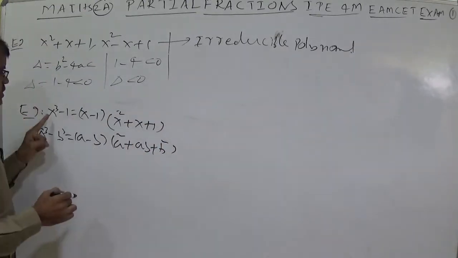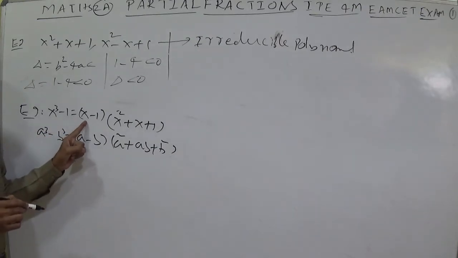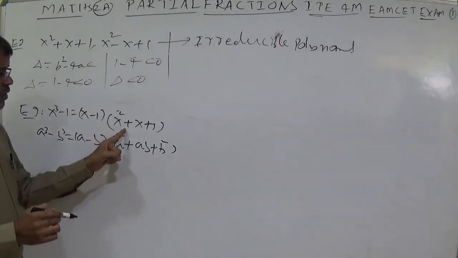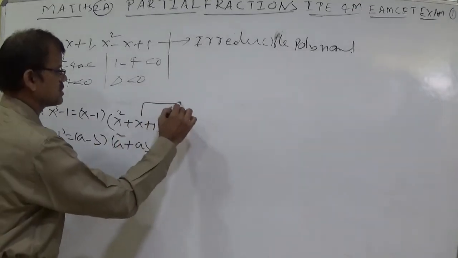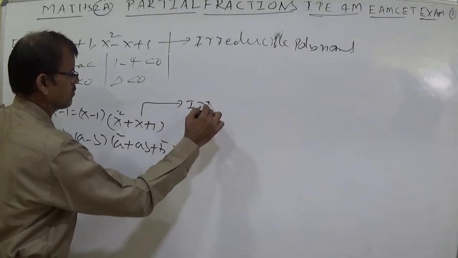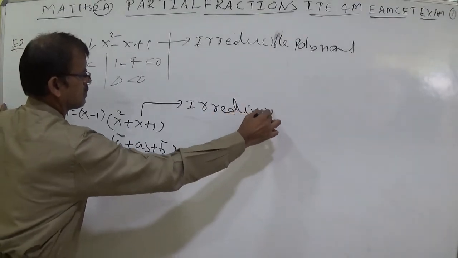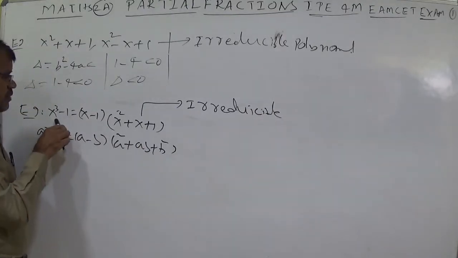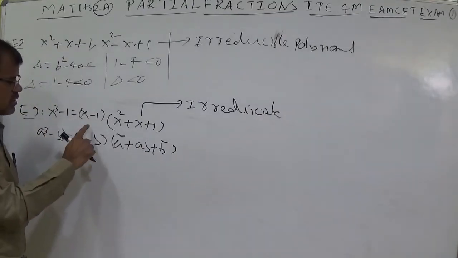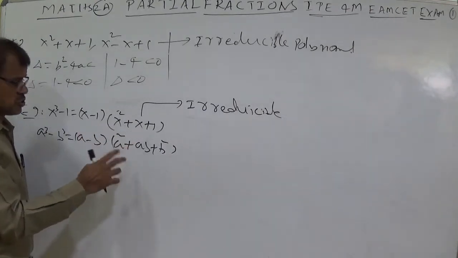Here x cube minus 1 has degree 3, x minus 1 is a monomial and this is a quadratic polynomial. x square plus x plus 1 is irreducible.